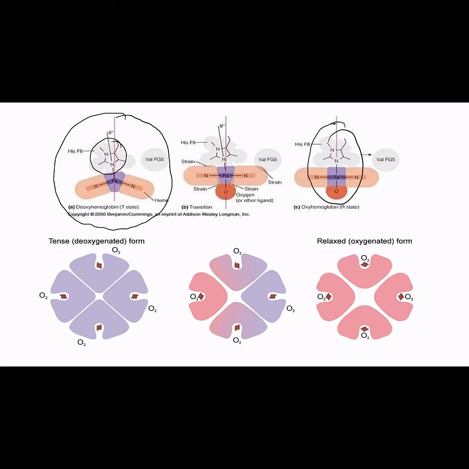And it's what scientists call moving from a tense state to a relaxed state. Essentially, when the protoporphyrin ring flips into plane, it causes the globin molecule to move. And when the globin molecules move, that opens up the pore and makes it more accessible for oxygen molecules.